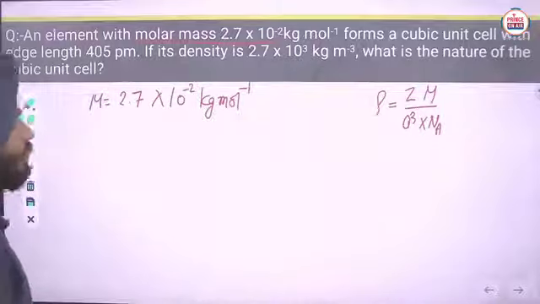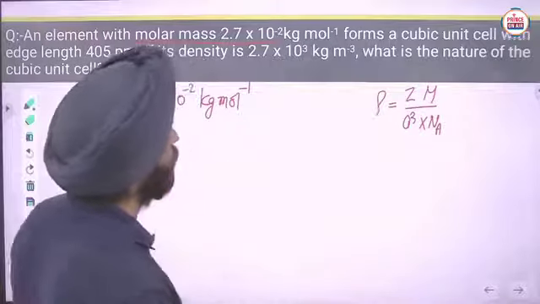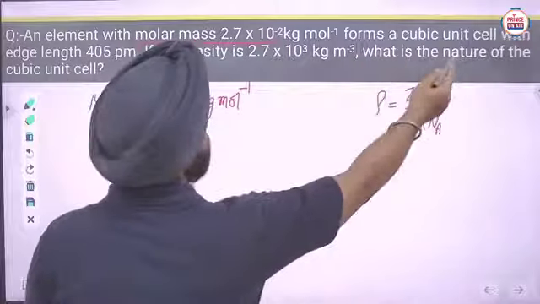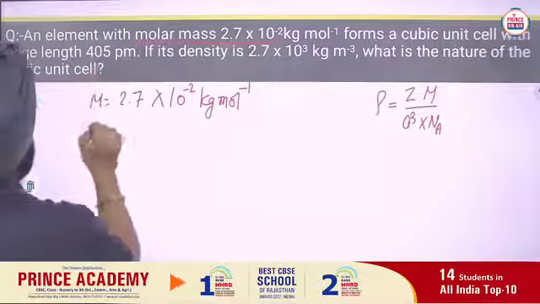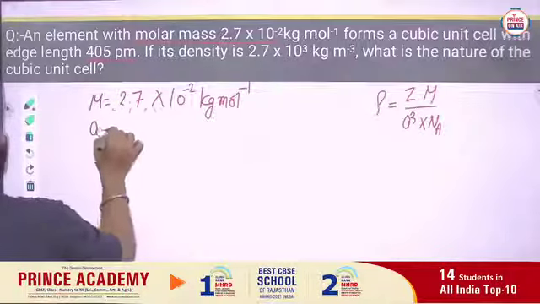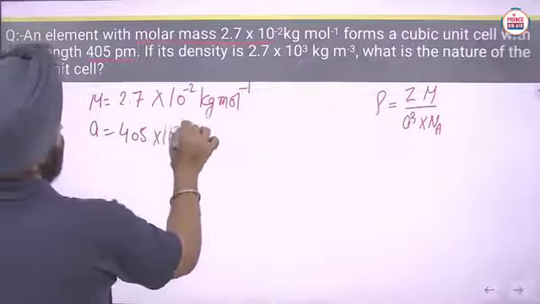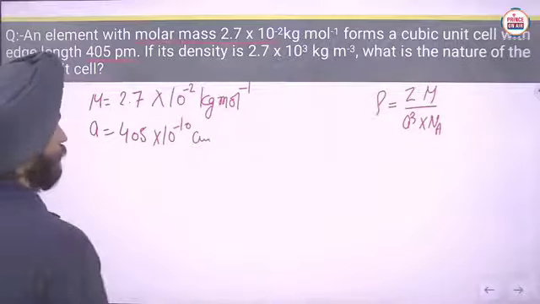Then the edge length, a, is 405 picometer, which means into 10 raised to the power minus 10 centimeter.